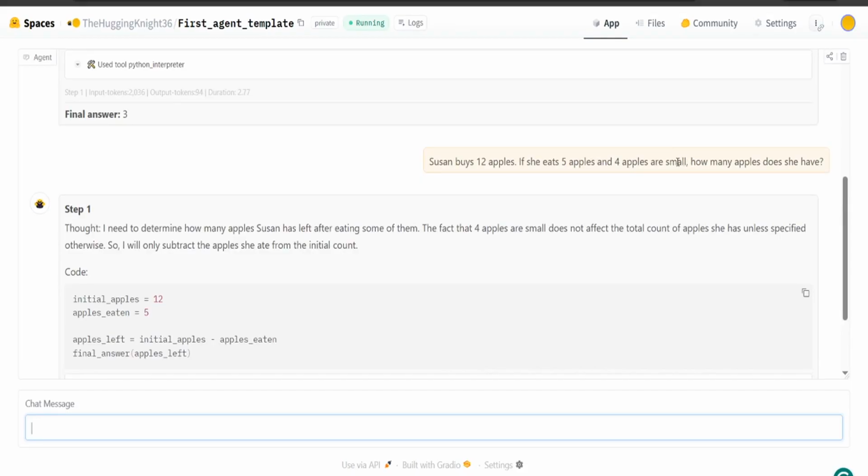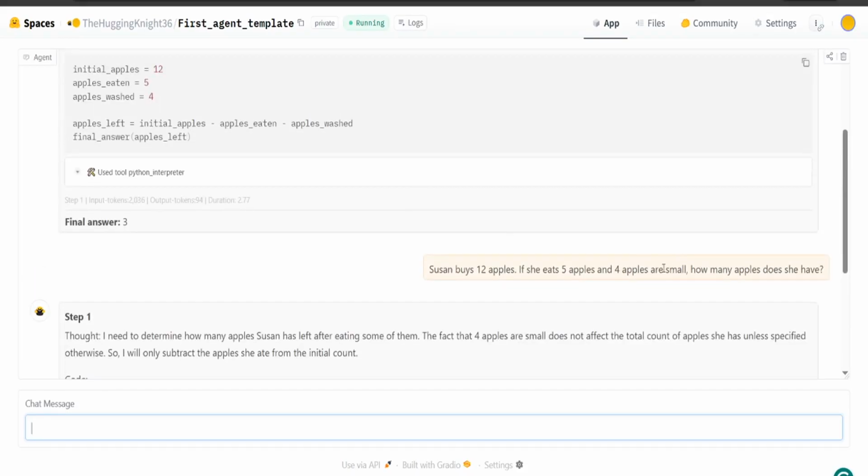Okay, 4 apples are small, so it should be easy enough that we don't have to tell them the steps, but it should be able to tell.